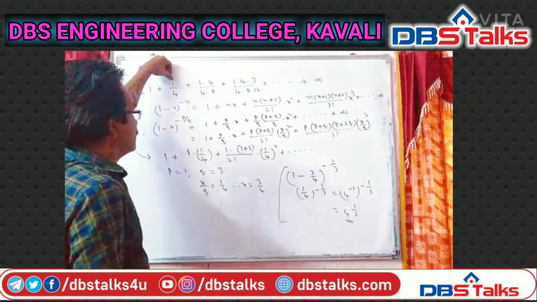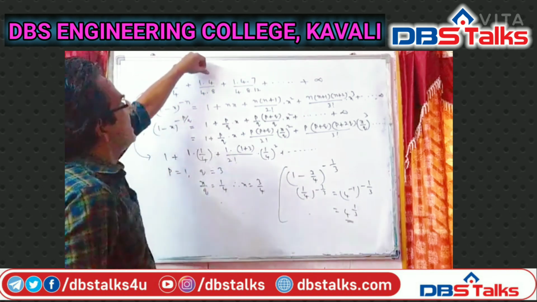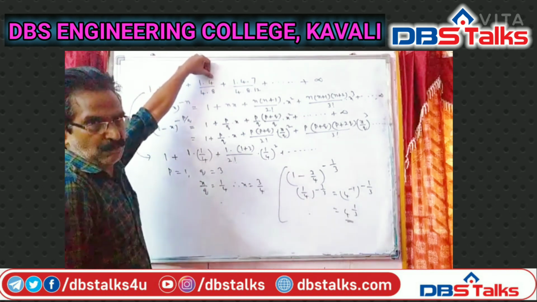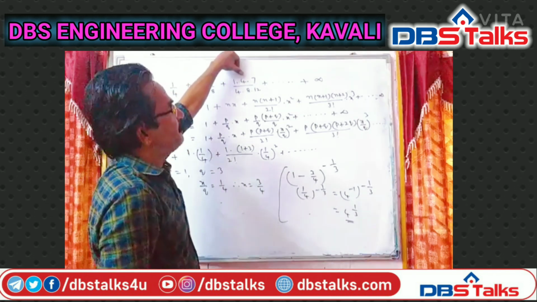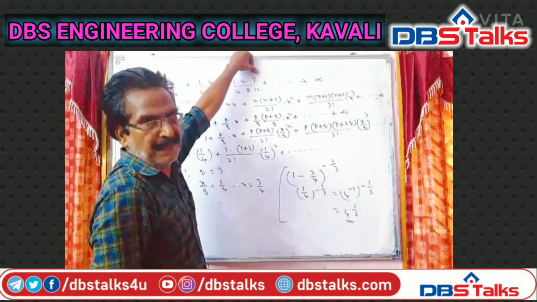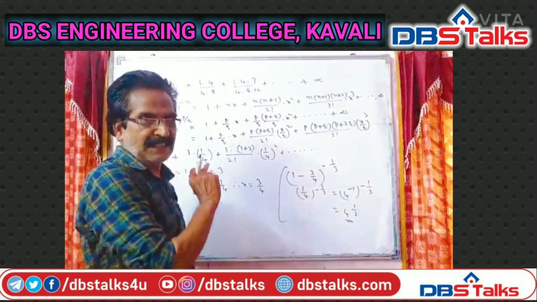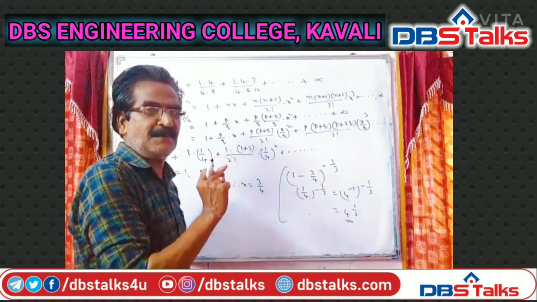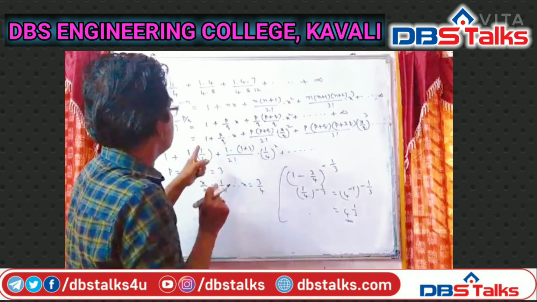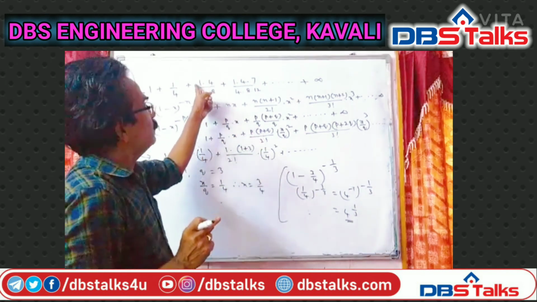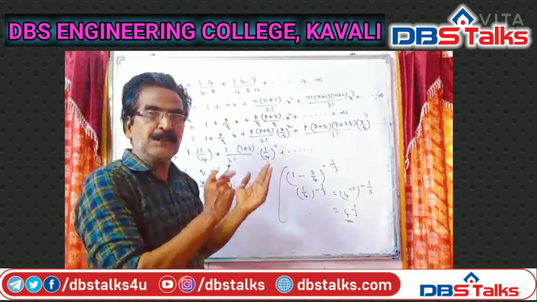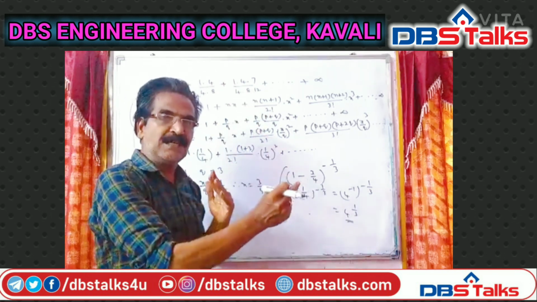The terms in the numerator are, friends: the first is p, the second is p into p plus q, the third term is p into p plus q into p plus 2q.